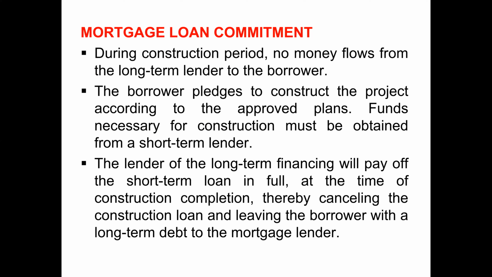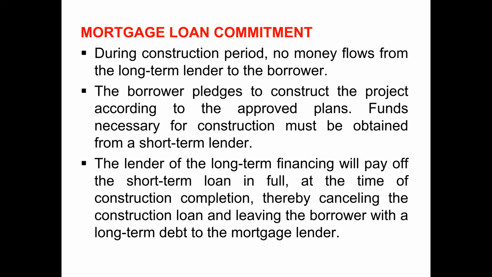So the owner should arrange a short-term loan. Then once he has this short-term loan and has constructed the building, he can get the mortgage loan. The long-term lender will pay off the short-term loan in full at the time of construction completion, thereby cancelling the construction loan and leaving the borrower with a long-term debt to the mortgage lender. So during the construction period, the owner got the construction loan and built that project with it.